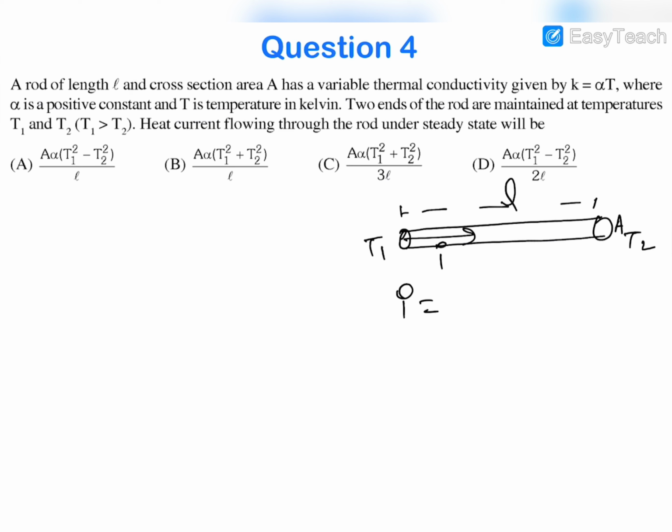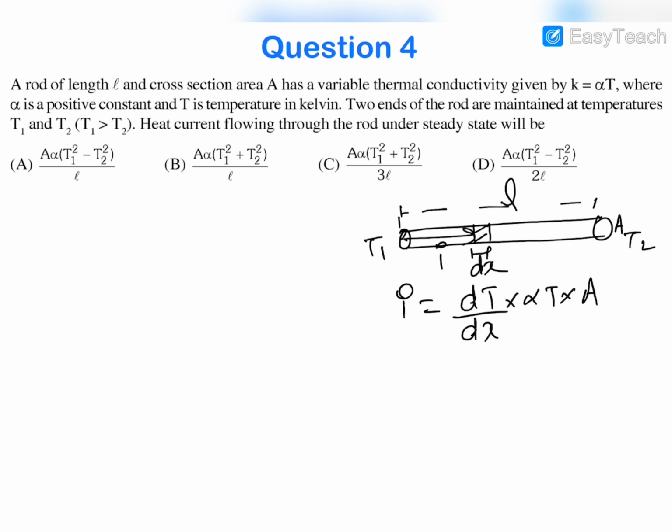So I will be equal to, let us imagine a small element of width dx, and the temperature difference across this small element will be dt. The resistance would be dx upon KA, where K is alpha T.